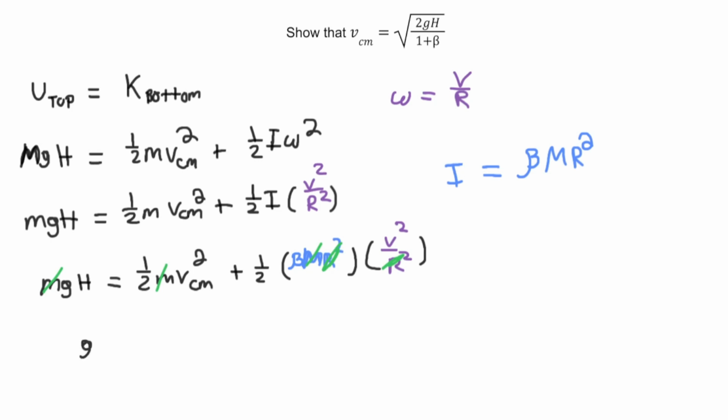And we get gh is equal to 1/2 VCM squared plus 1/2 times beta times VCM squared.